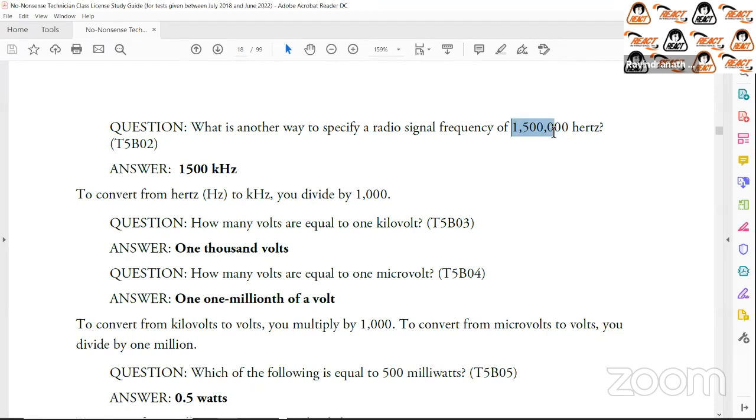So 1,500,000 hertz is the same as 1,500 kilohertz because we divided by 1,000 to go to the larger notation. Let's do another. They make the note here that says that's what we just did. We divided by 1,000.